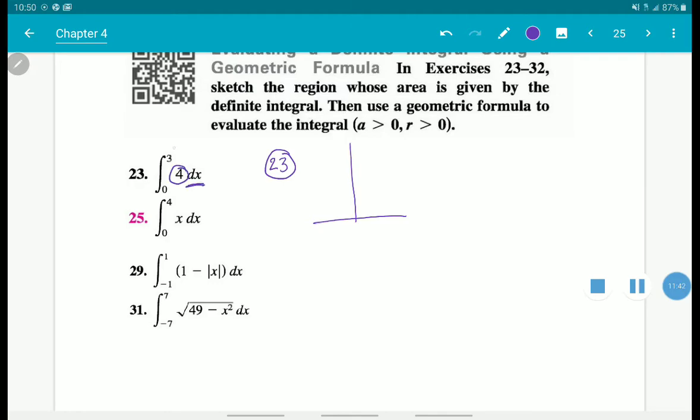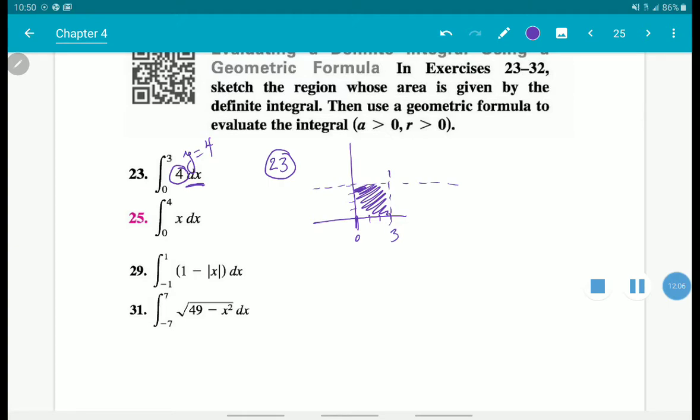This is written in terms of x. So if it's a dx, it's always y equals whatever that function is. So here's our function, y equals 4. And we're looking at this from 0 to 3. Here's 0. Here's 3. So our picture would look like this.